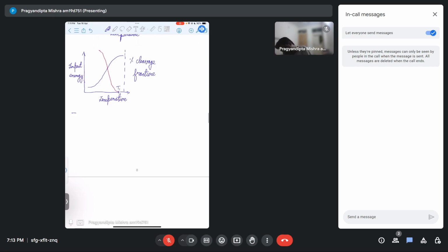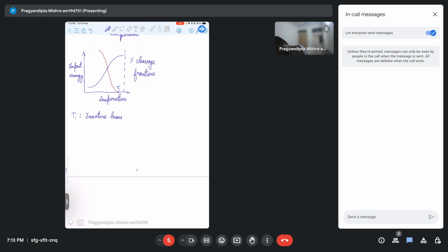Now let's say another temperature T2. We will take it at 50% cleavage and 50% shear. Let's say somewhere here where it is 50%. Let's say this is T2. This is known as the fracture appearance transition temperature, FATT. This is where both types of failure, cleavage and shear, are equal.